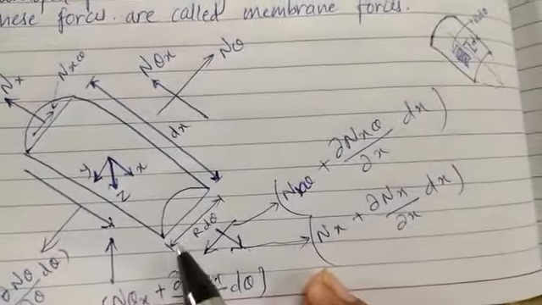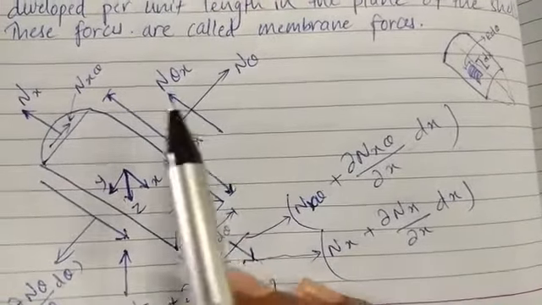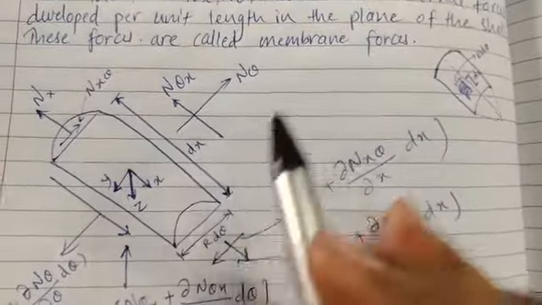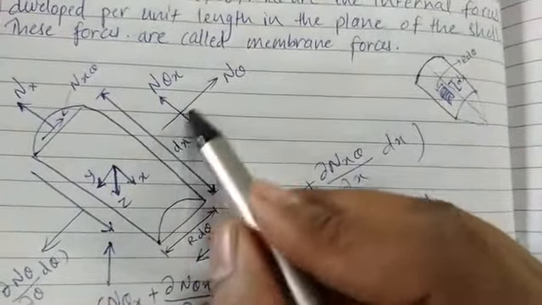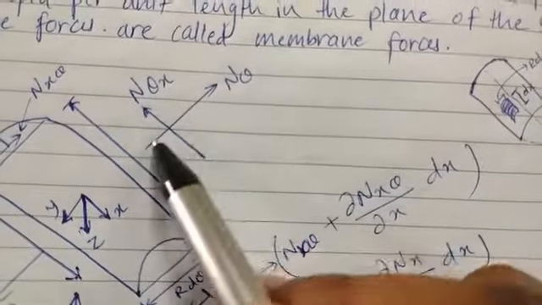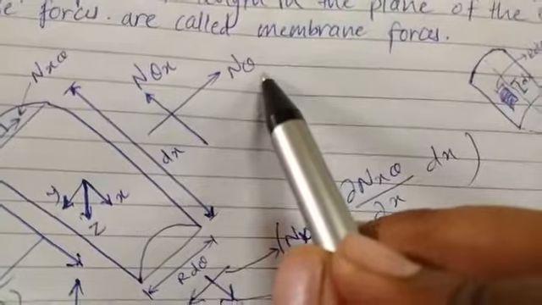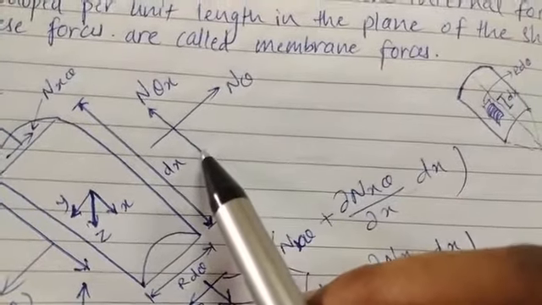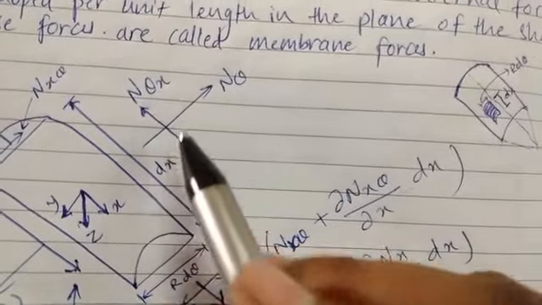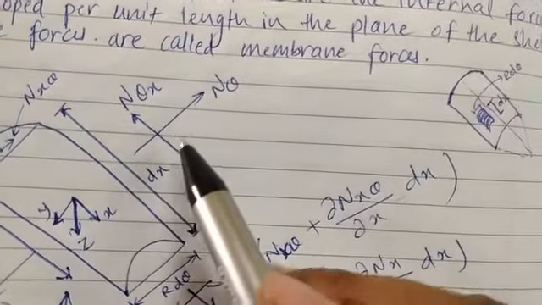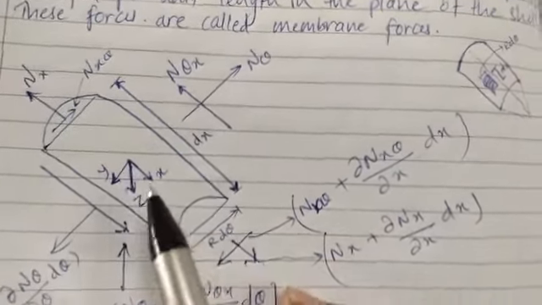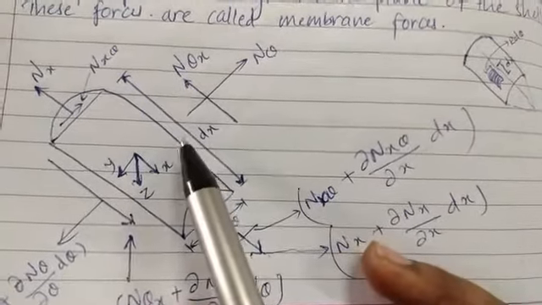So this length is r d theta, this length is dx. Now I will consider that on this face of the element there is one normal force acting, that is n theta, and one force along the plane, that is nx theta. Now we'll consider some change in force at the other face, because we have changed the position.